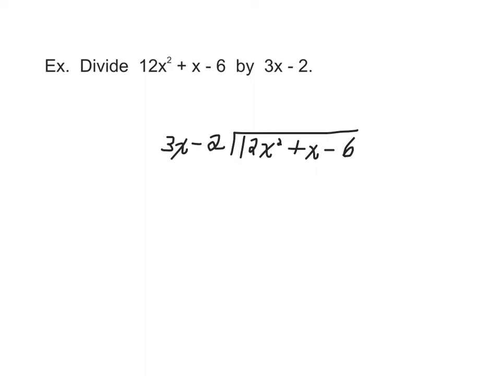Okay, so think to yourself, what could you multiply this 3x by to get 12x squared? Should be a 4x. Let me see exactly what that does. 4x times the 3x minus 2 is 12x squared minus 8x.